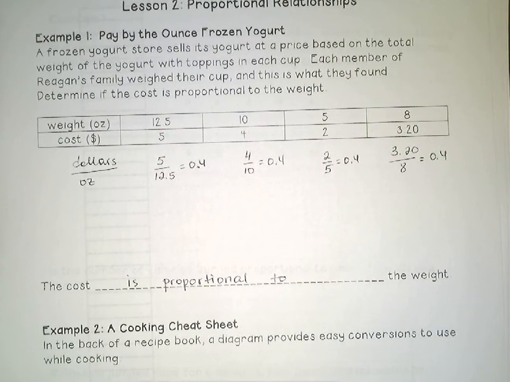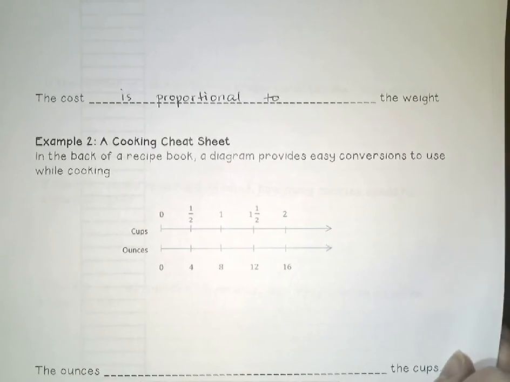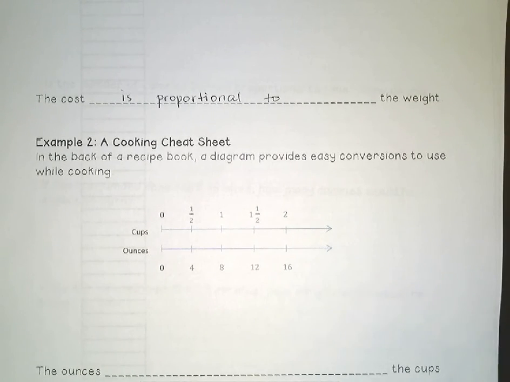Okay, let's move on to the next. So here we have a cooking cheat sheet. Those of you who take cooking classes or like cooking at home, you know that all of the measures that you are taking have to be proportional for the food to taste the same.